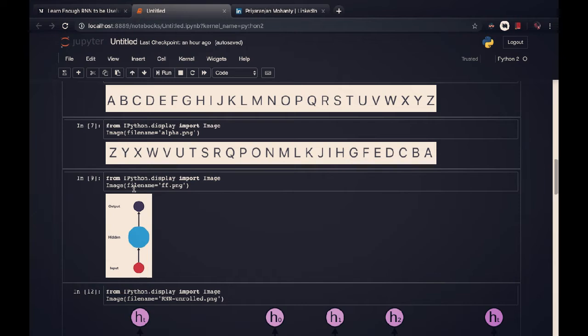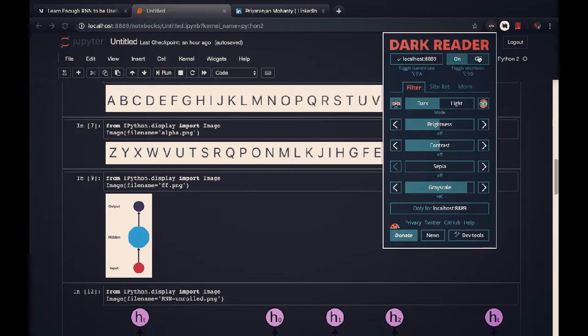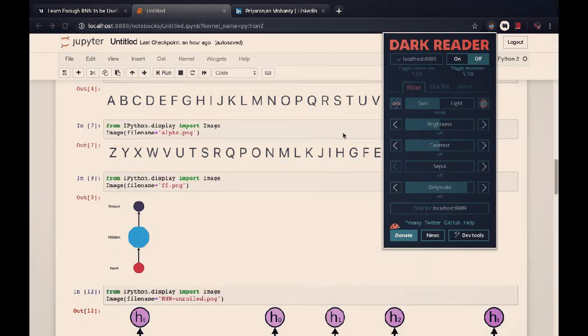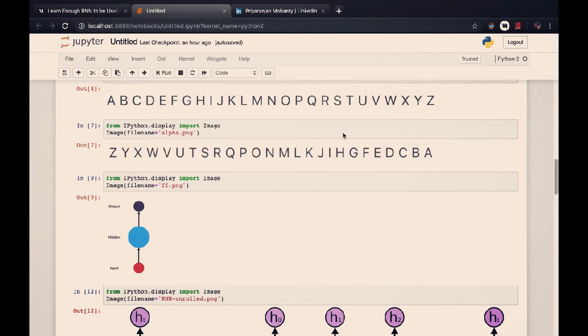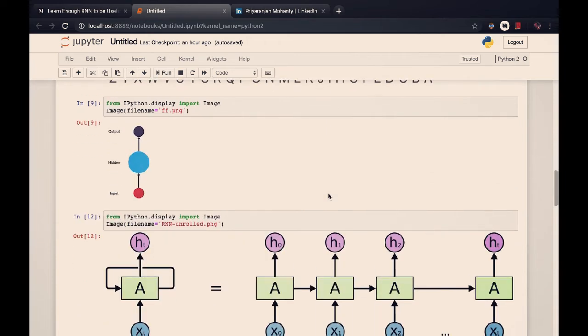Now the next question would be, how do we introduce this concept of sequential memory into this neural network? It's a good question. I'll give you some time to think about what can be done to introduce sequential memory into this normal network. Perfect. If your answer is looping, it's the right answer. So the answer is looping.